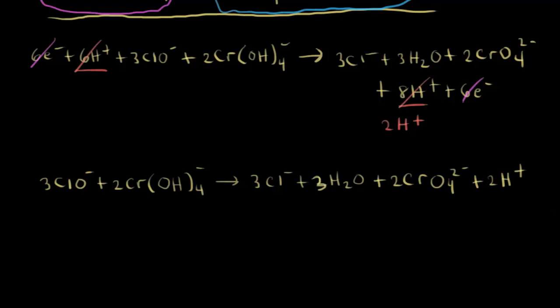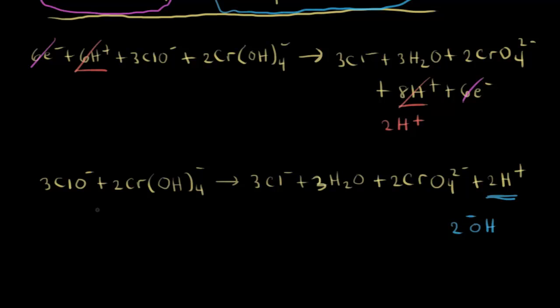All right, so now we have to remember that this reaction was actually done in base, right? So we're going to add in some hydroxide anions to neutralize the protons. If we look at the number of protons we have, we have 2 protons over here on the right. So we need to add 2 hydroxide anions to neutralize those protons. And since it's a balanced equation, what we do to the right side, we have to do to the left side as well.